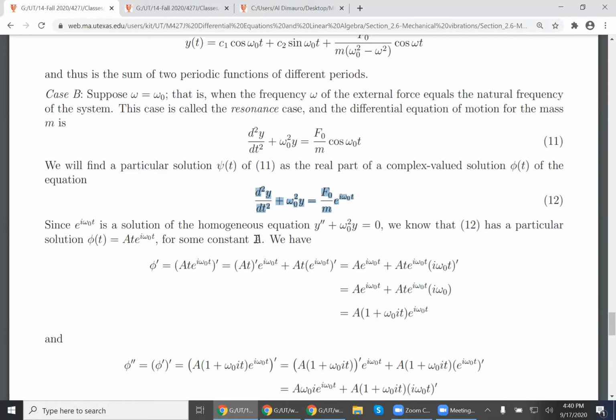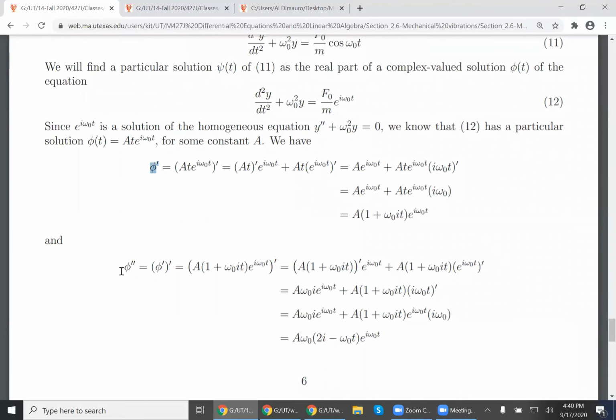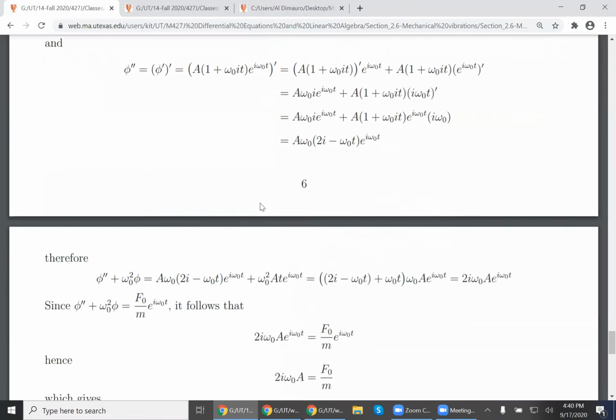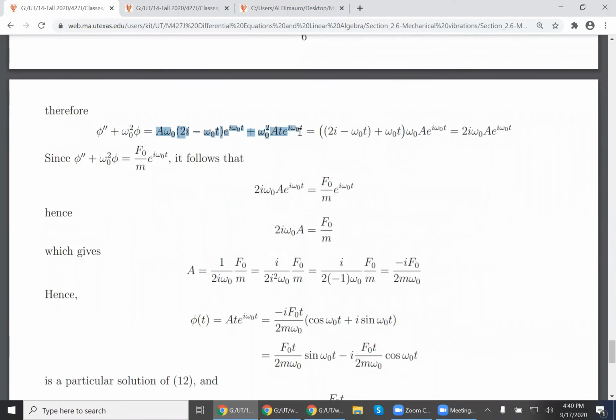Now we find constant a. In order to find constant a, we find the first derivative, we apply the product rule, we find the second derivative, and then we replace this by this and y by this. It's done over here. After all simplifications, the left-hand side becomes this, but the left-hand side is equal to the right-hand side.